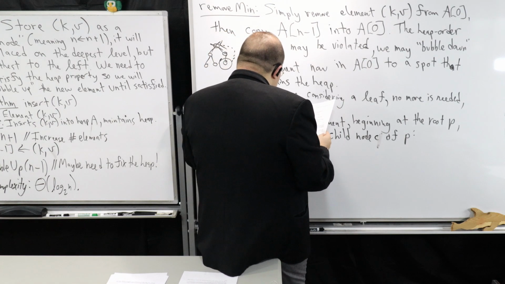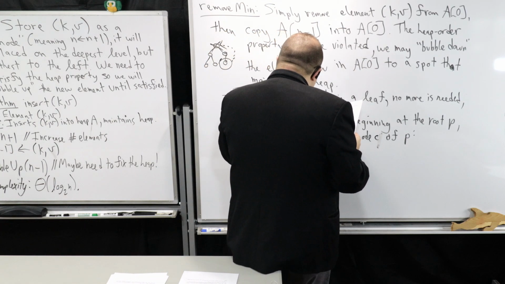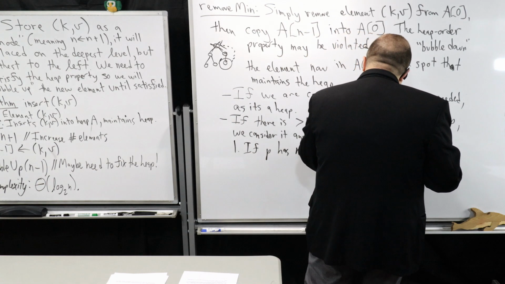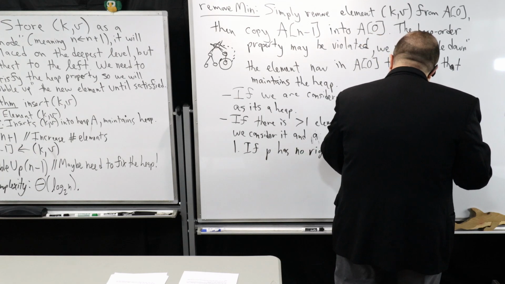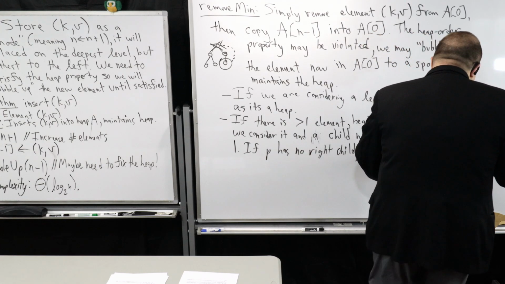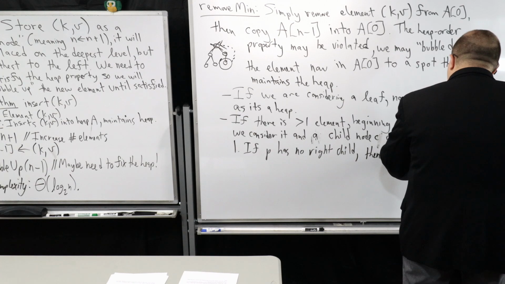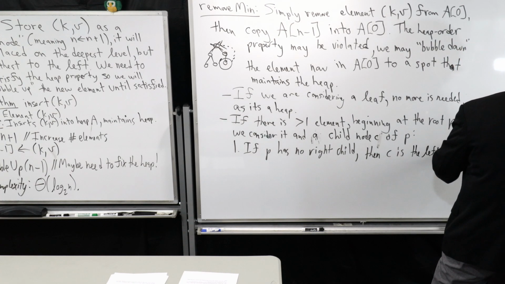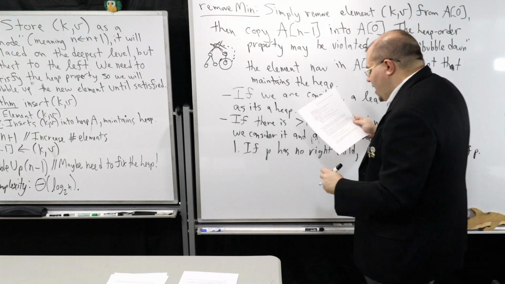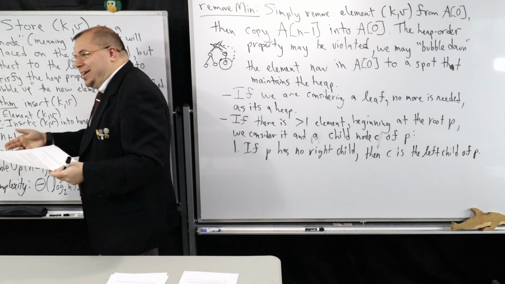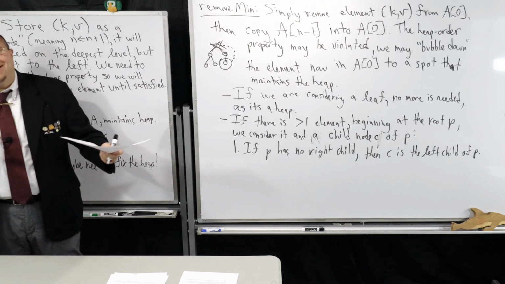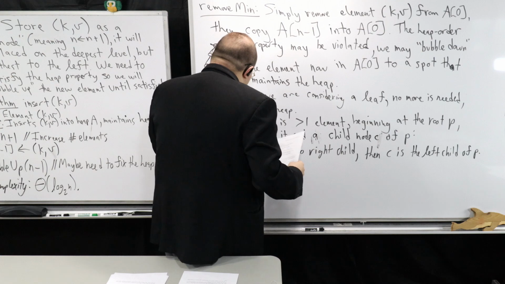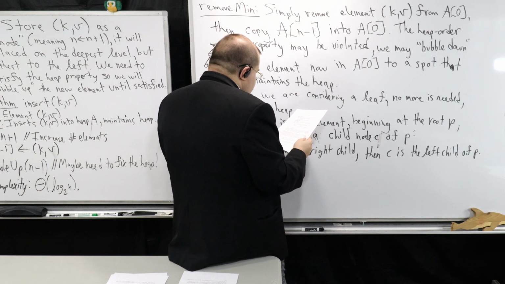If P has no right child, then C is the left child of P. Automatically, if there is one to the left, that guarantees it's going to be the left child. However, it might be the case that there are two of them.